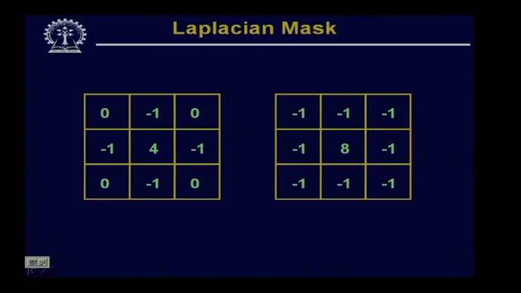These are the two Laplacian masks where the center coefficient is positive and the neighboring coefficients, once they become negative, will remain negative. So, this shows that using the Laplacian mask in the spatial domain, the kind of operation that we have done is basically a high pass filtering operation. So, now first of all, we will consider the smoothing frequency domain filters or low pass filters in the frequency domain.